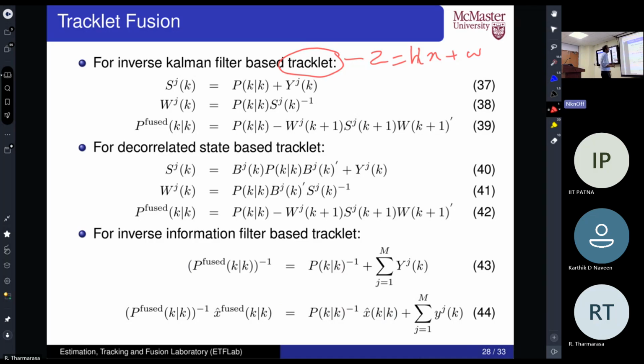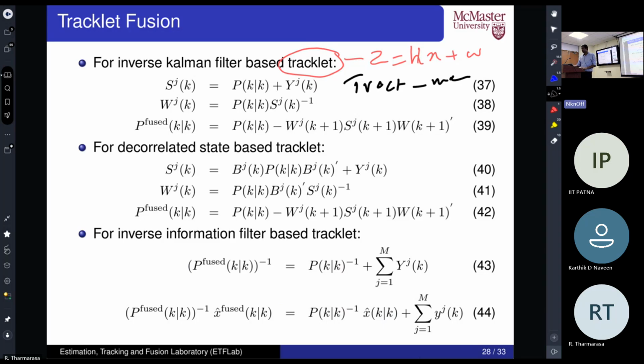So once you get the tracklet, instead of considering this as a track to track association, you consider it as a track to measurement approach. Let's say track to measurement association, and the measurement is the track. Okay, let's think that. So the global tracklet is a measurement. We want to update. Now what is a measurement?